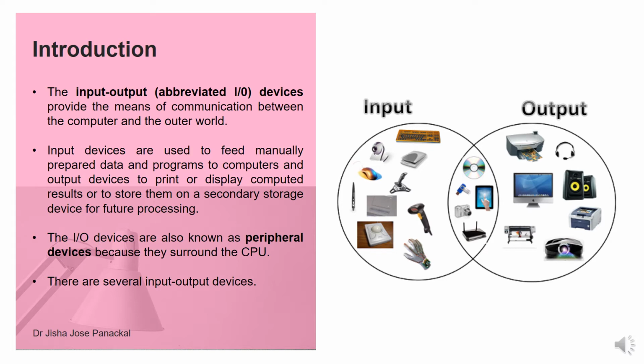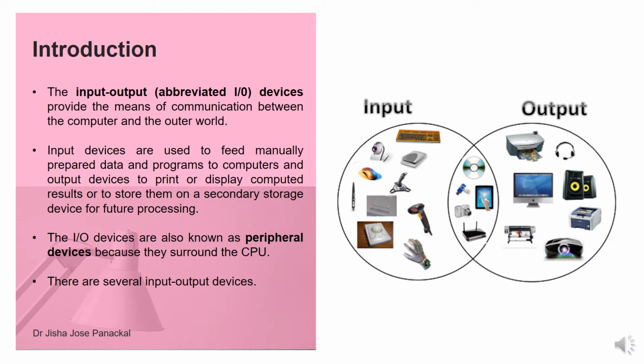As we all know, input and output units are components of a computer, and now we are going into detail about the various devices that can be used along with the input unit as well as the output unit. Input-output devices, commonly abbreviated as IO devices, are used to provide the means of communication between the computer and the outer world.